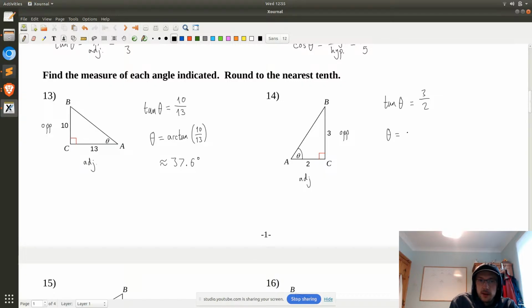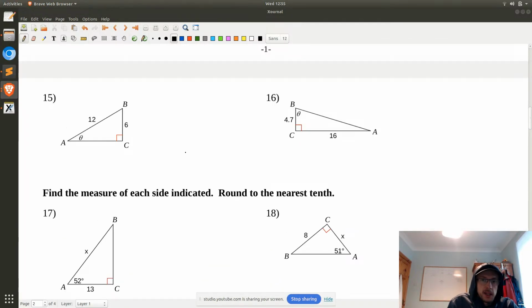Theta is arctan of 3/2, which is about 56.3 degrees. And we check, and that's all correct, and that's good.